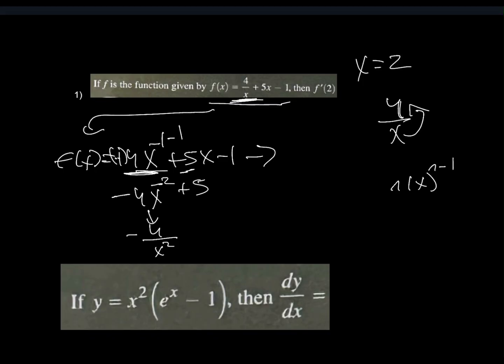Now, the derivative of a constant is always going to be 0. Okay, so from here, we can write f prime of x is equal to negative 4 over x squared plus 5. Now, that's the first half of the problem.